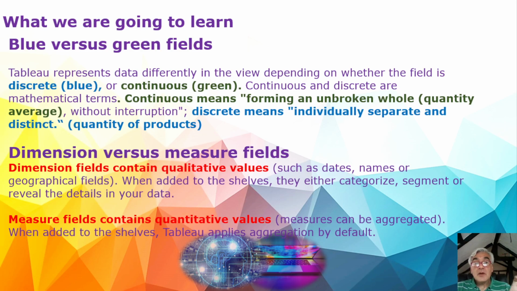So we have to differentiate between dimension fields. For example, a country is a dimension, but the sales in that country is a measure. Okay? And now I'm going to show you the Excel file in order for you to familiarize with the Excel file and what we are going to do with it.